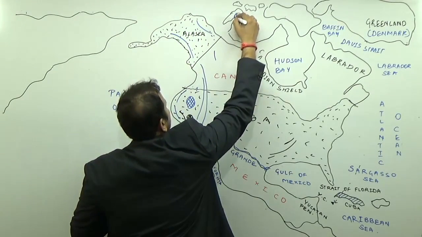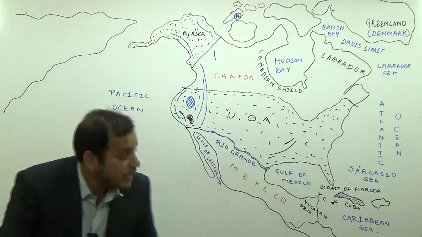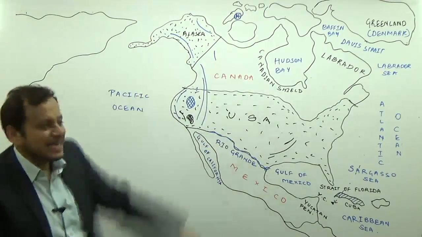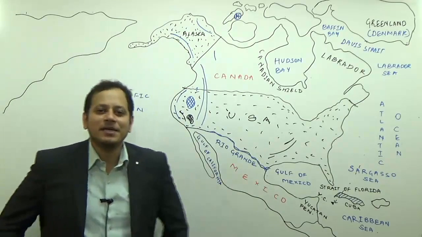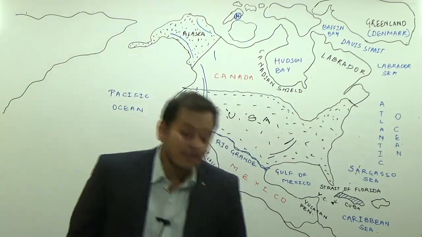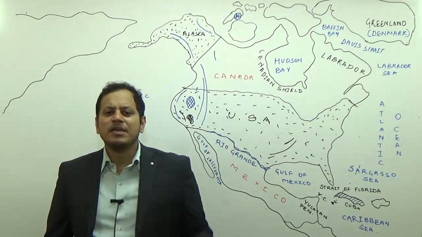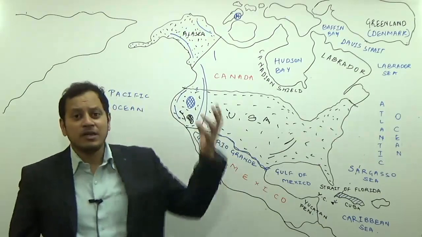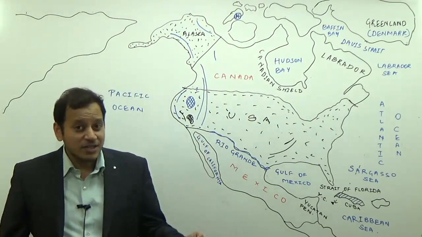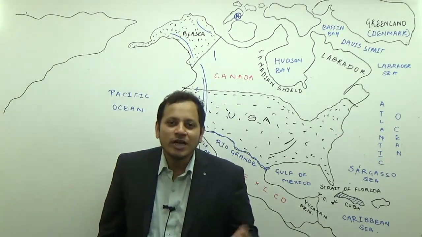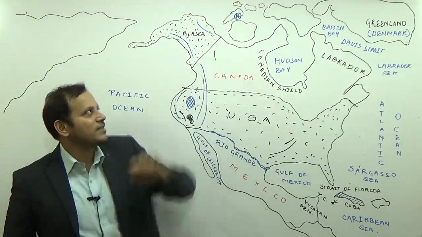It is not the physical North Pole, but the magnetic North Pole that is located here, and I am asking you in which group of islands. Remember, it is located in the Queen Elizabeth Islands. Don't remember the name of a smaller island, just remember the name of the group of islands, the Queen Elizabeth Islands. So if I ask you where the North Magnetic Pole is located, near which country, the answer is Canada.